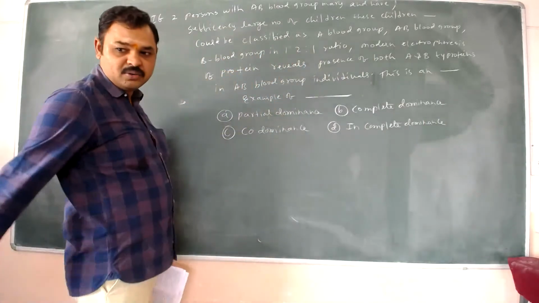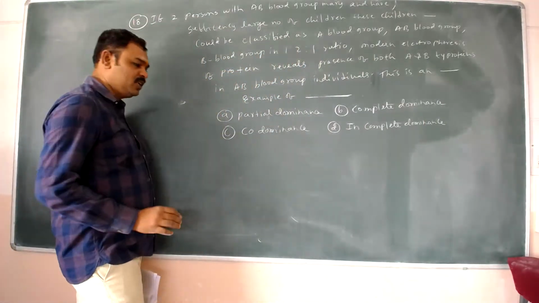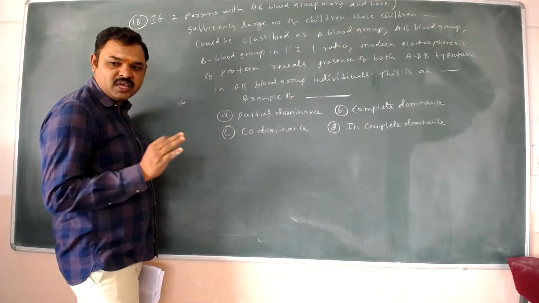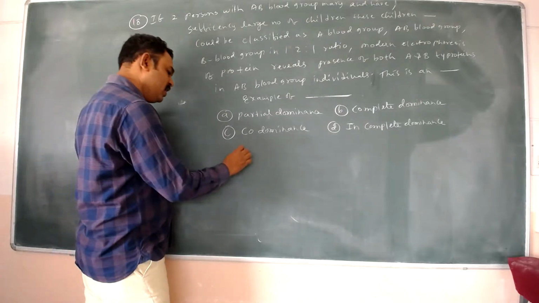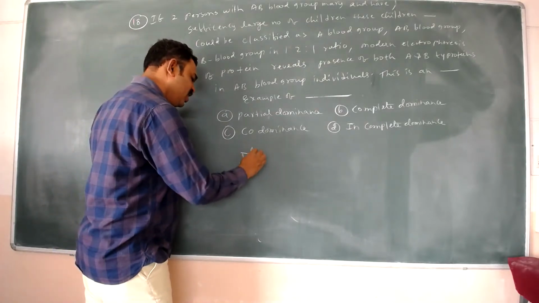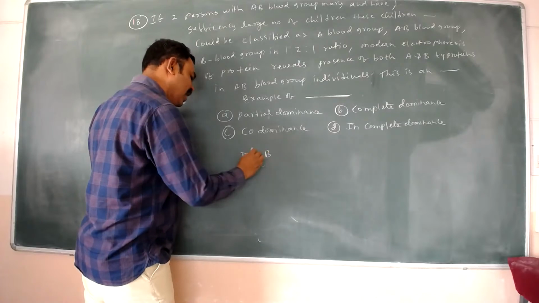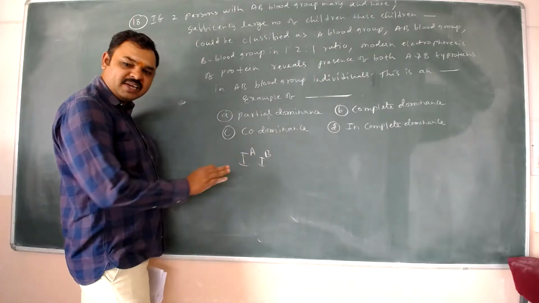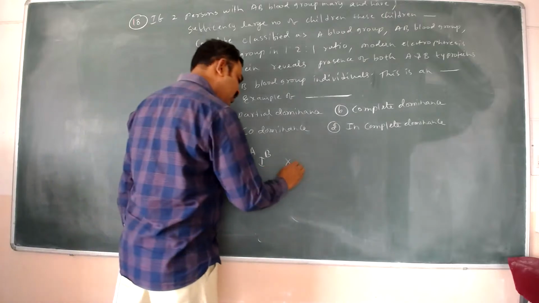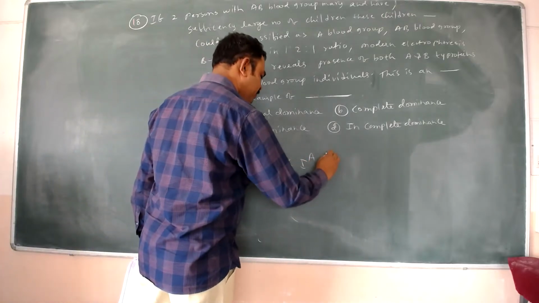You see this question, two individuals. What are those two individuals? AB blood group individuals. This is the genotype of AB blood group individual, IA IB. Man is AB, woman is also AB.